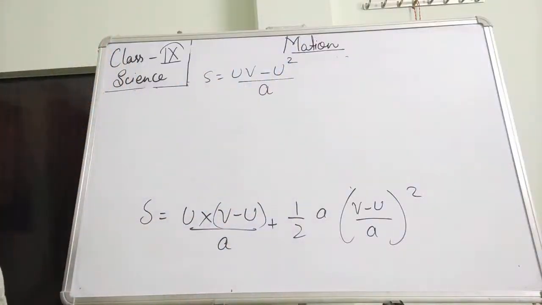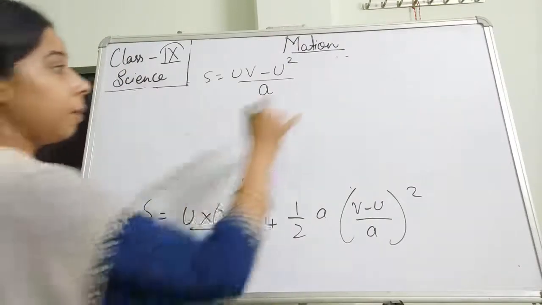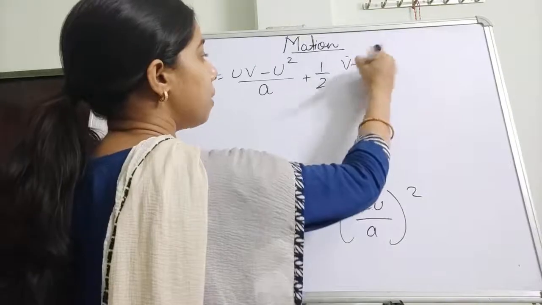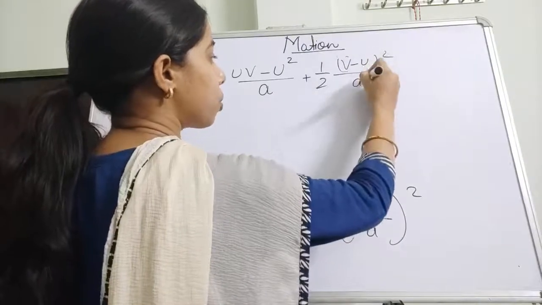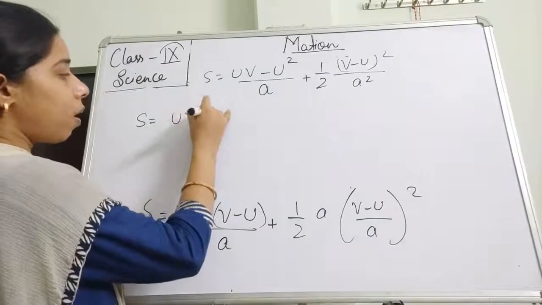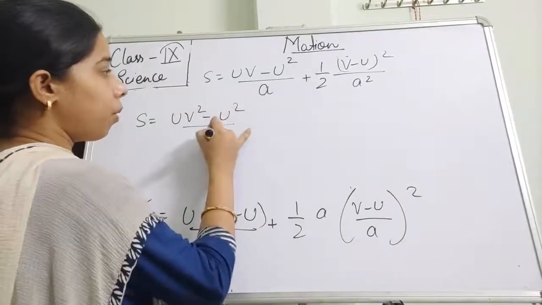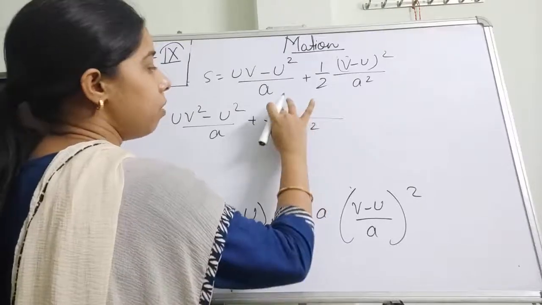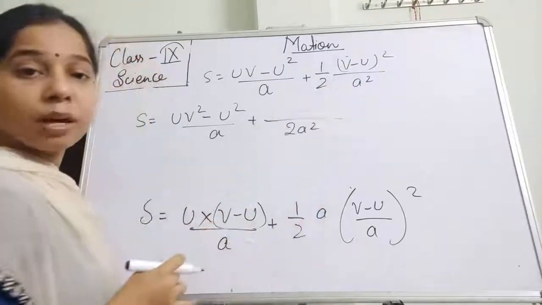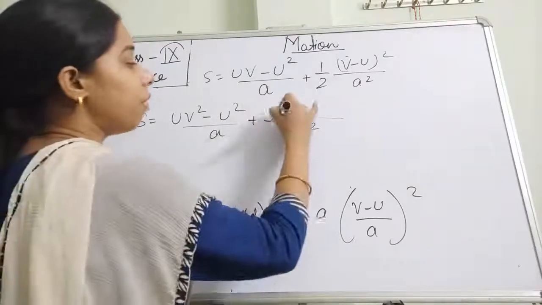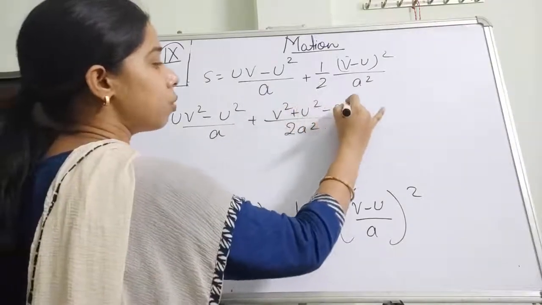Okay, and plus half, this will be equal to (v minus u) the whole square upon a square. We can also write it as uv minus u square upon a, plus (v minus u) square upon 2a square. (v minus u) square is like (a minus b) the whole square, that is equal to v square plus u square minus 2uv.